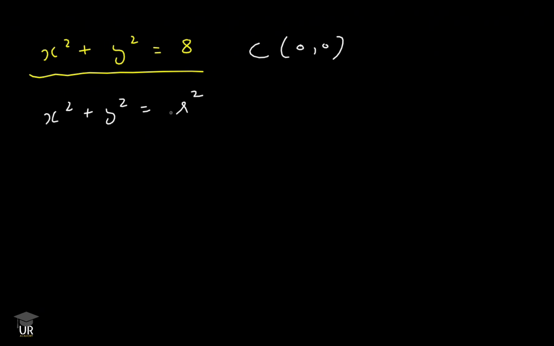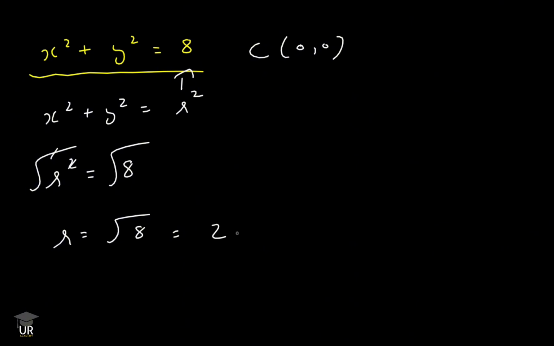Now what we need to do is that we need to find the value of r. So in order to find the value of r, we will just do this as r square is equal to 8. I will just equate the value of r square with 8. So under root will get cancelled out, and this will become r is equals to under root 8. And under root 8 is going to become 2.83.